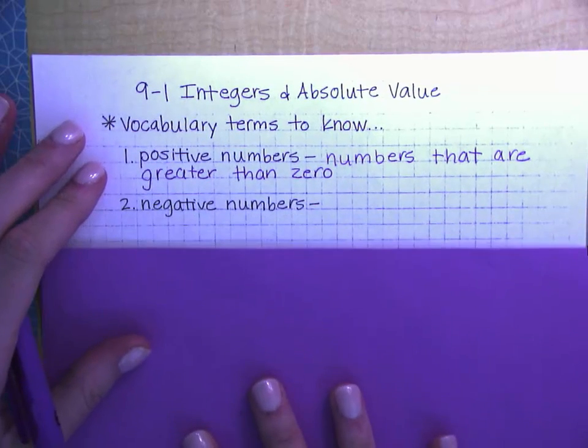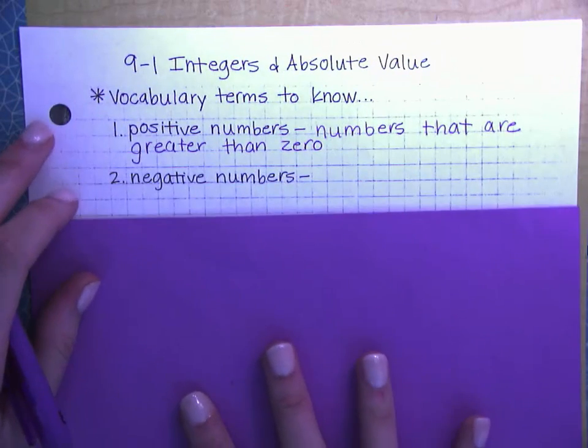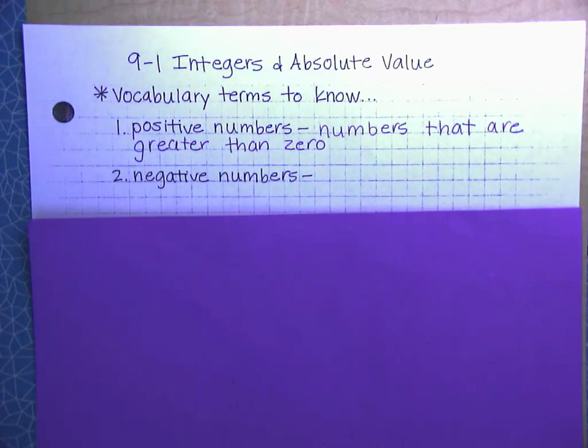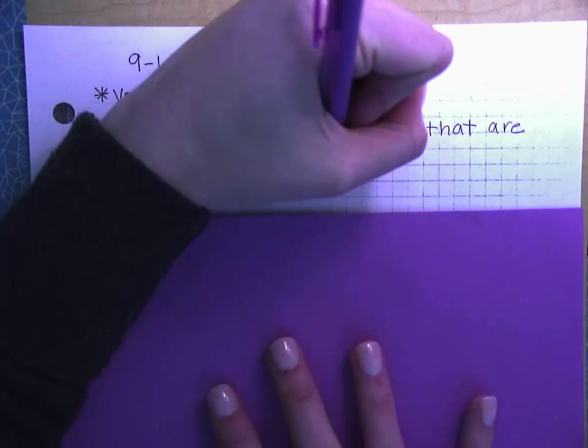So negative numbers. Anyone want to take a shot at this definition? They're going to be numbers that are less than 0.